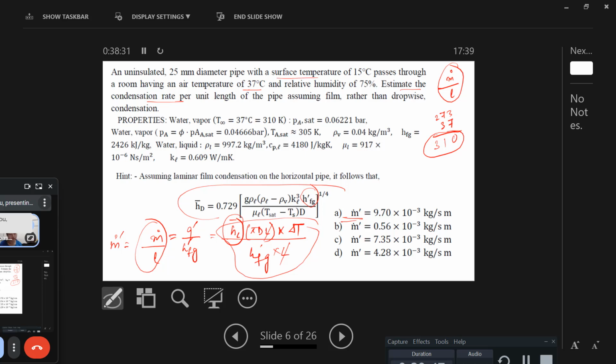Okay, sorry, this is the surface temperature, TS 15 degree.